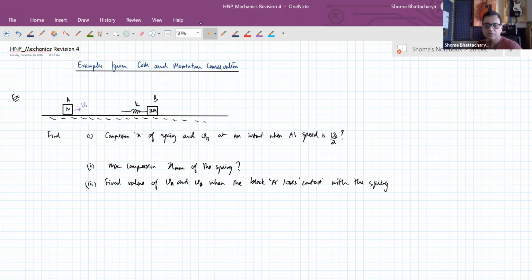So that momentum is only one dimensional here. So it's a 1D momentum conservation equation.